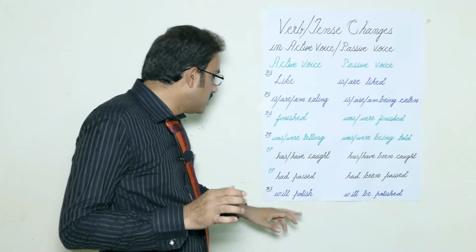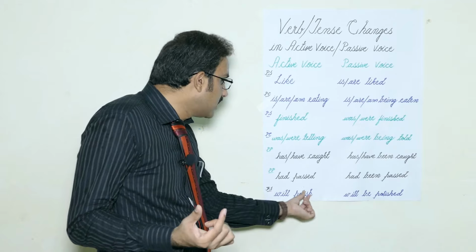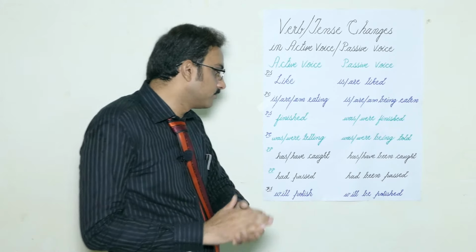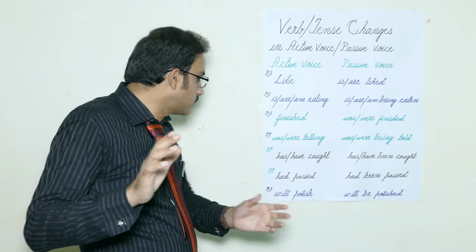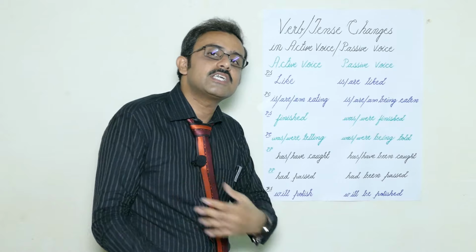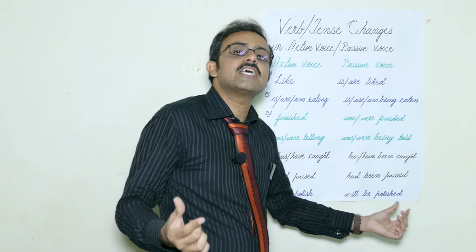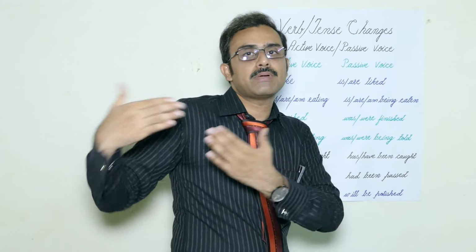In future simple, we use will or shall auxiliaries and first form of verb, means present tense form of verb. But when we change active sentences of future simple into passive sentences, we do what? We use will be, shall be and third form of verb, means past participle.